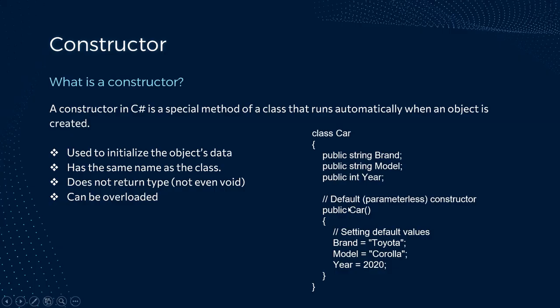Normally we should have a return type for a method, and it has the same name, right? The class name is Car, so the method name is also Car, so it is a constructor, right? And it can be overloaded. I will show you how we can overload it. So let's flip to Visual Studio and we'll see it in action.